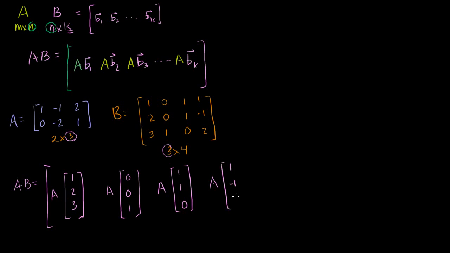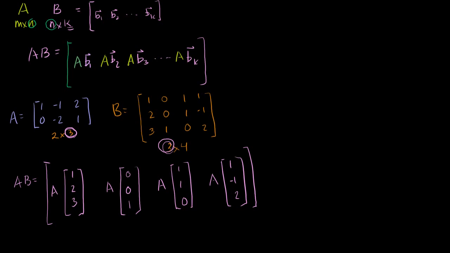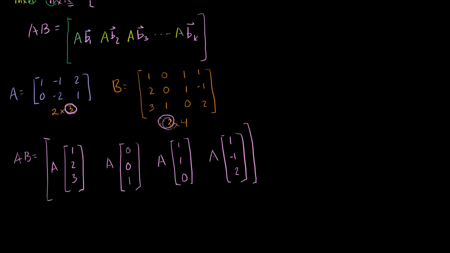1, -1, 2. And when we write it like this, it should be clear why the number of columns in A has to be the number of rows in B. Because the column vectors in B are going to have the same number of components as the number of rows in B. So all of the column vectors in B, B1, B2, B3, B4, all of my Bi's, where this i could be 1, 2, 3, or 4, are all members of R3.